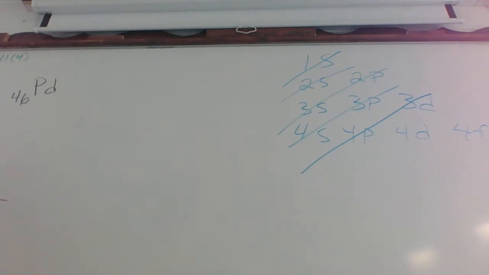Okay? I see some disgruntled looks out there. Yes, they are. Okay? But one of the things we said when it comes to D block elements, we said think of n minus 1.